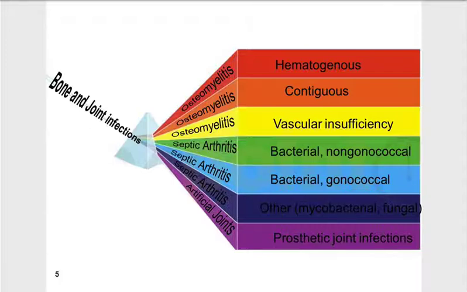You could be talking about septic arthritis, again, whether it's bacterial or non-bacterial, whether it's gonococcal or non-gonococcal, whether it's of native joint or not. So again, it's a wide spectrum of infections. That's why we need to make sure that we understand why they're different.